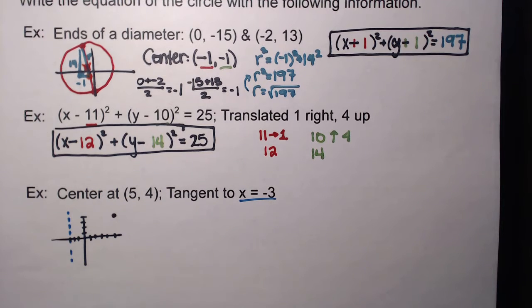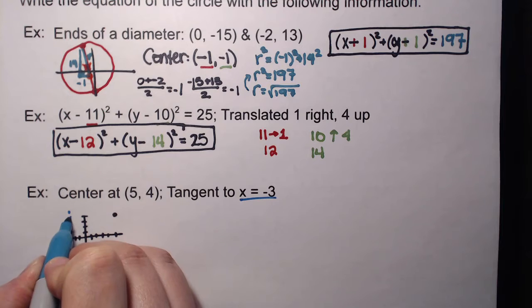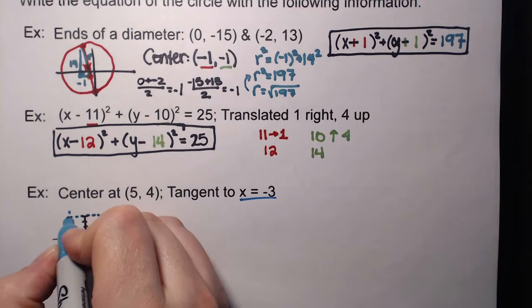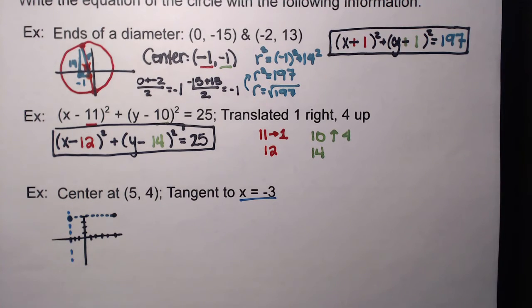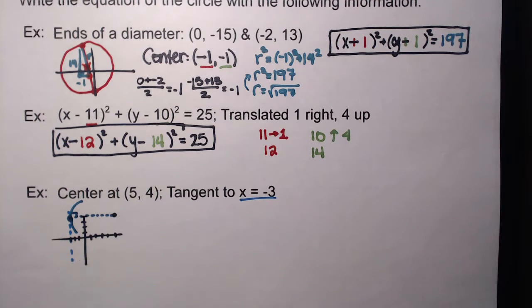So that line is right here. Well, tangent just means that it's coming in and touching the circle at one point at a 90-degree angle. Tangent means it touches it and meets it at a 90-degree angle. So the radius is going to have to be that distance.